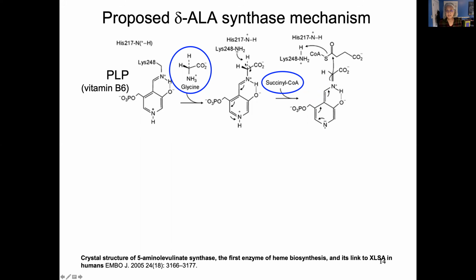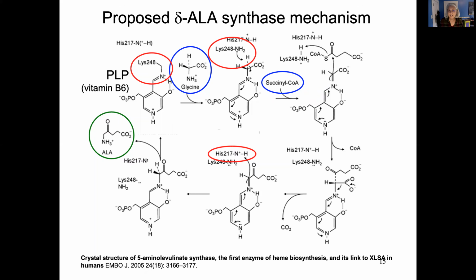The glycine comes in, gets covalently attached to that vitamin derivative. Then we have attack of the lysine side chain, a bunch of arrow pushing here. Again, pointing out the importance of the lysine side chain involved. And then the rest of the reaction occurs and we have ALA synthesized. Feel free to look at the details of this if you're interested.